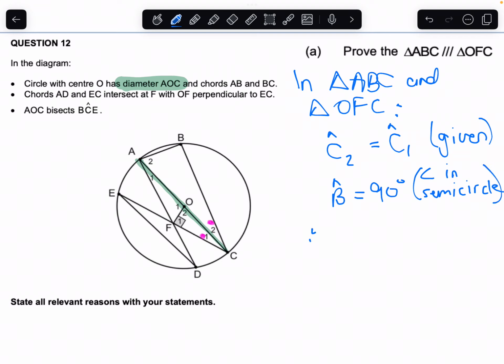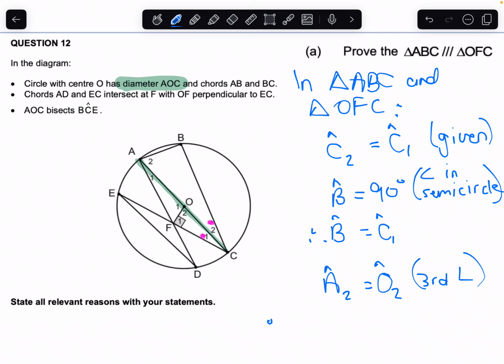And so therefore angle B is equal to angle C1. And then finally angle A2 is equal to angle O2. You could say angle sum, but I think it is acceptable to say third angle, pretty much saying if the other two angles are the same, then the third one has to be the same because of angle sum.